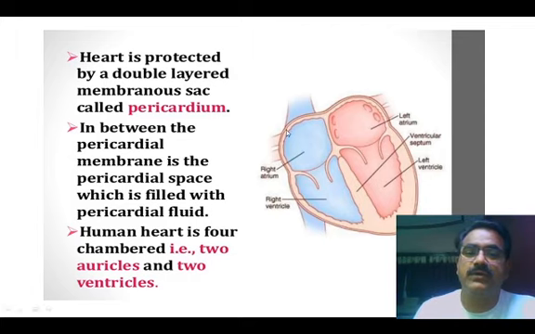There is the external pericardial membrane and the internal pericardial membrane, and in between these there is a space which is filled with pericardial fluid, and this fluid has the ability to absorb mechanical shocks.